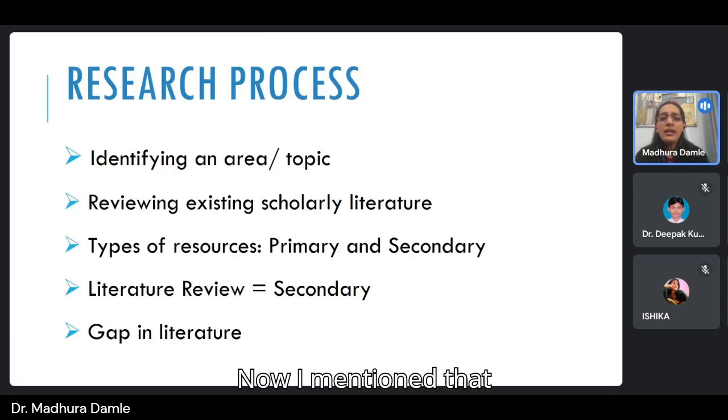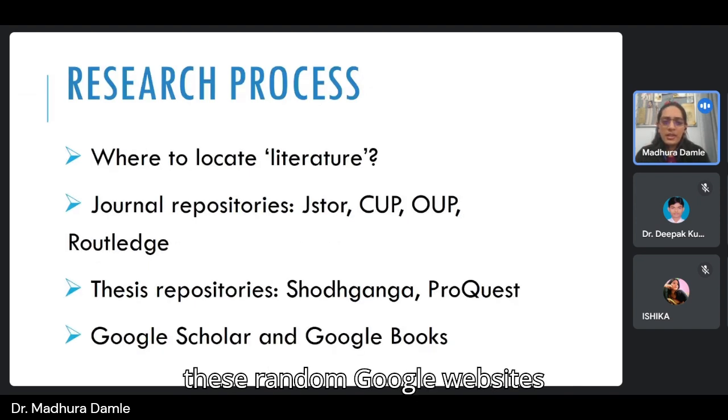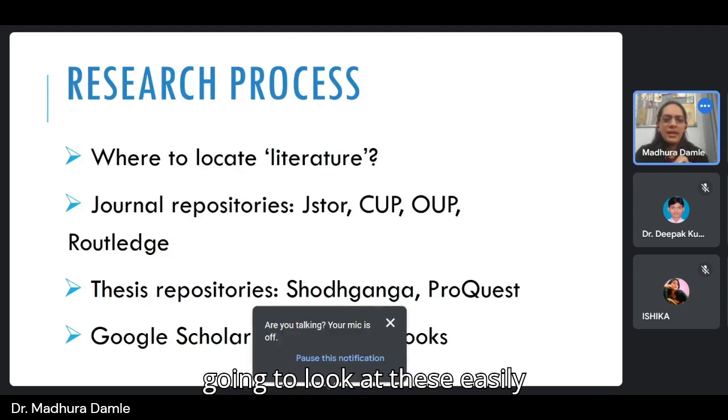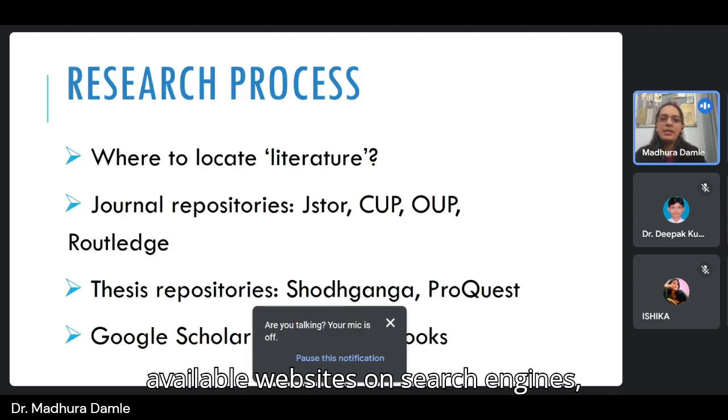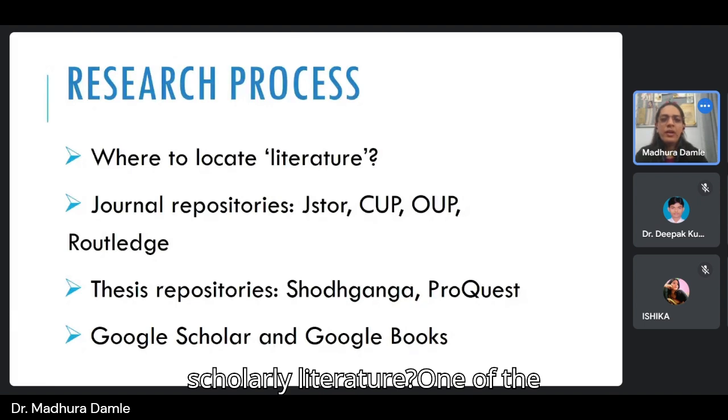Now I mentioned that one shouldn't look at Wikipedia and all these random Google websites while conducting a review of literature. So if we are not going to look at these easily available websites on search engines, where to locate this scholarly literature?